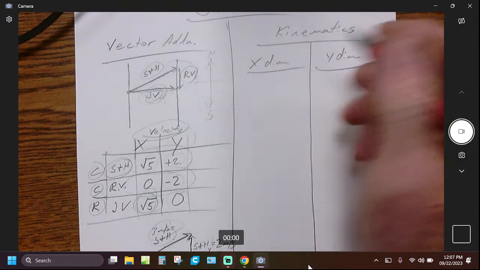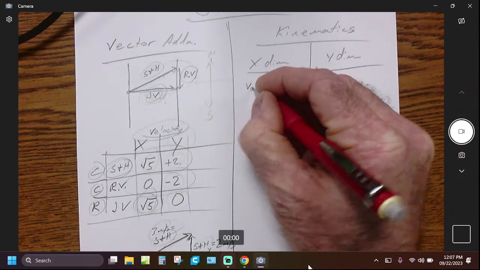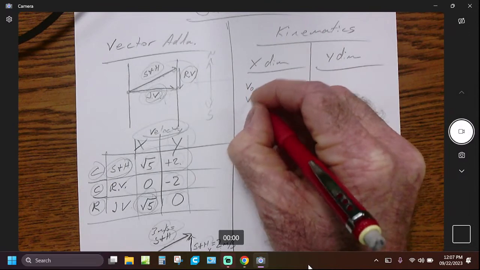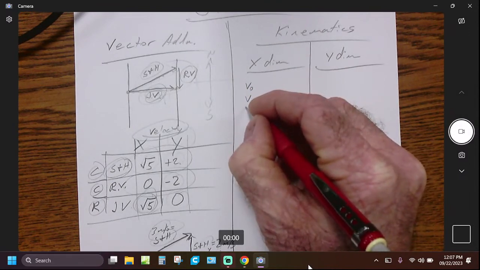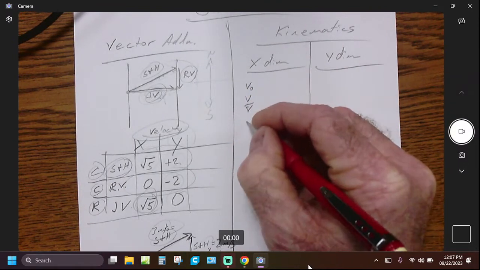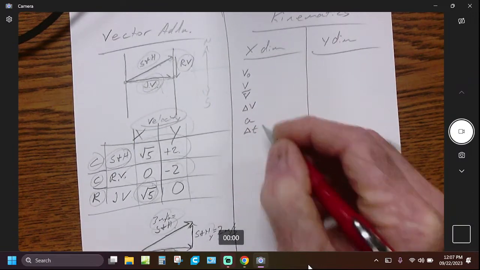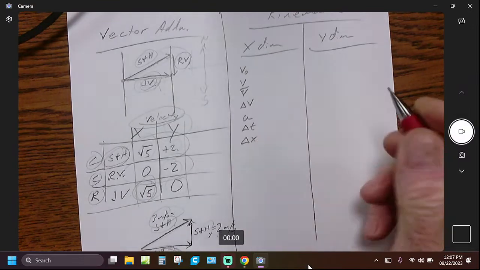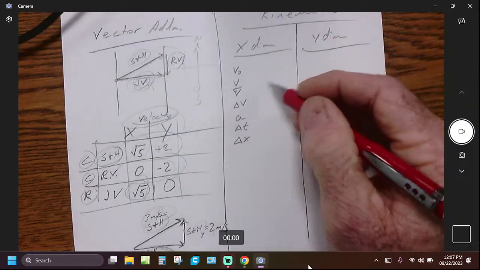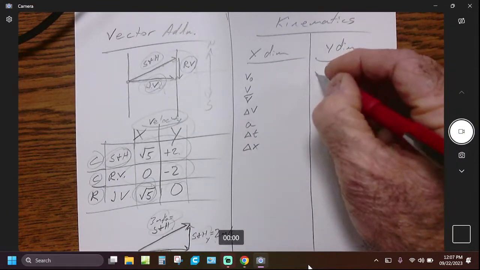So I'm going to list a bunch of stuff and then cross a bunch of stuff out. Remember, there's V0, there's V, there's average velocity, there's change in velocity, there's acceleration, there's time, and there's displacement. So I could do that in the x dimension, and I could write all this stuff.